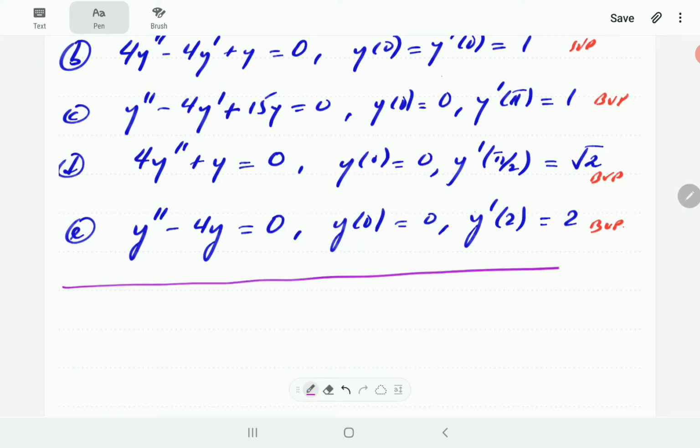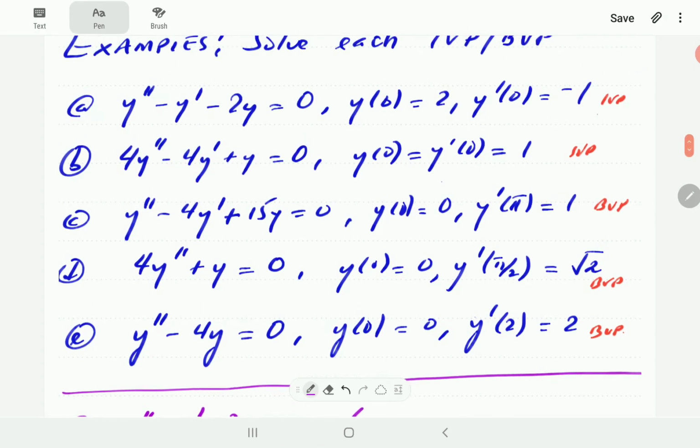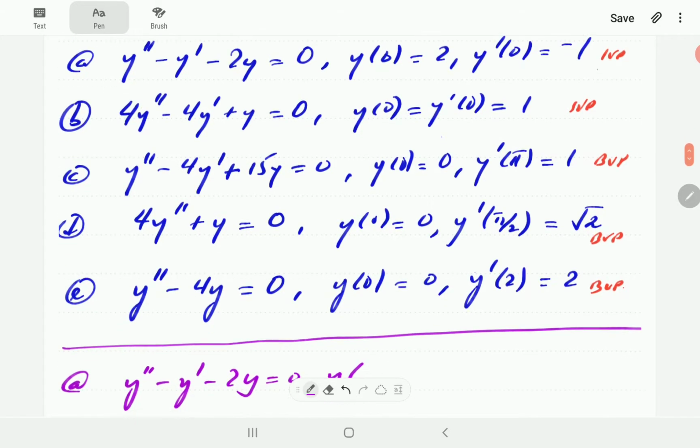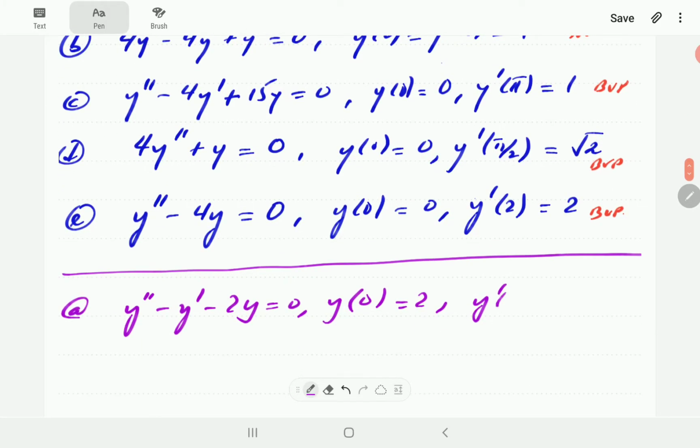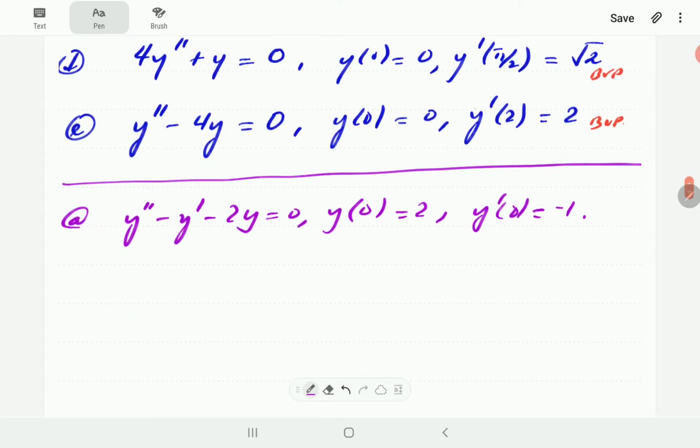In the first one, we have y double prime minus y prime minus 2y equal to 0. The conditions are when x is 0, y is 2, and at the same point the derivative is minus 1.